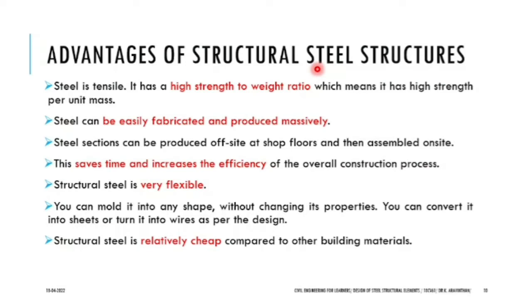The bottom is the place where you have tensile force, and in order to take care of the tensile force, you will be using the steel. So the compression force will be taken by the concrete. You will be taking steel as the primary member for tensile force only.